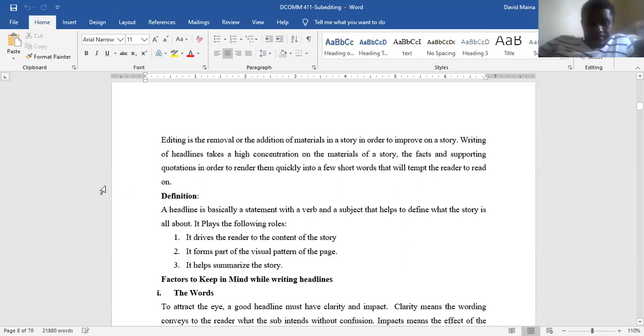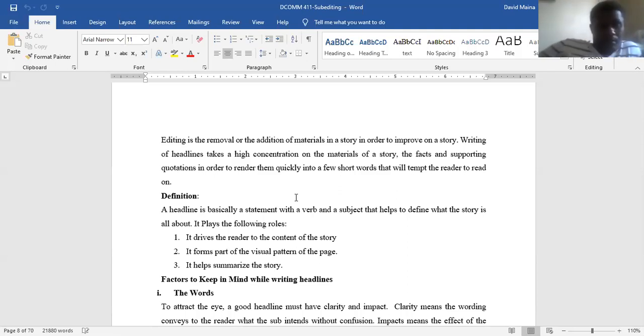So there is what we call writing a headline. When you're writing a headline, you must be very keen. You must put your thoughts together and concentrate. First of all, you look at what you have written. Whenever you are writing a headline, you don't start a story by writing a headline first.